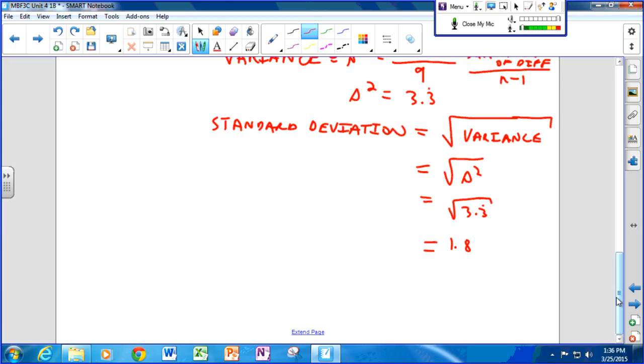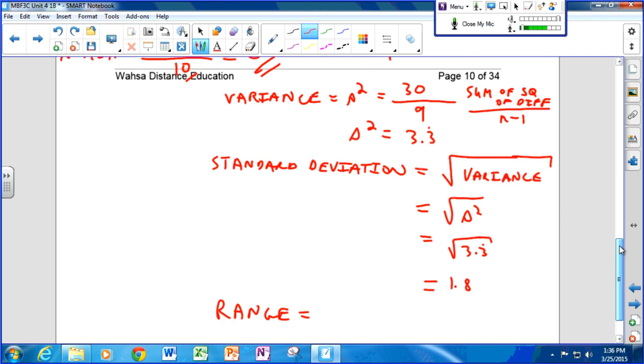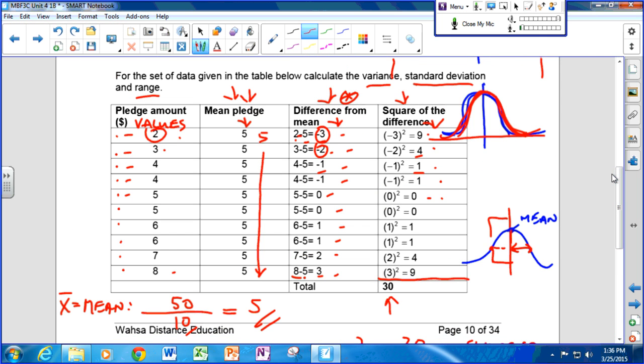Let's see, the range of the data. The range is just the difference between the largest and the smallest, and it's going to be a positive number. In this case, having everything sorted in order really helps us because we have the largest and the smallest, 8 and 2.